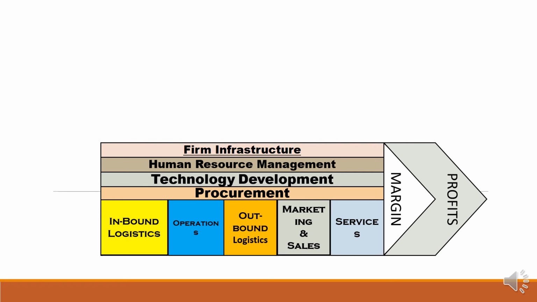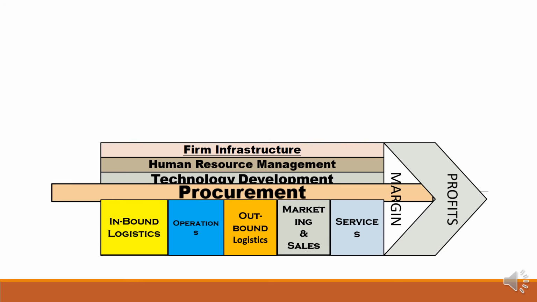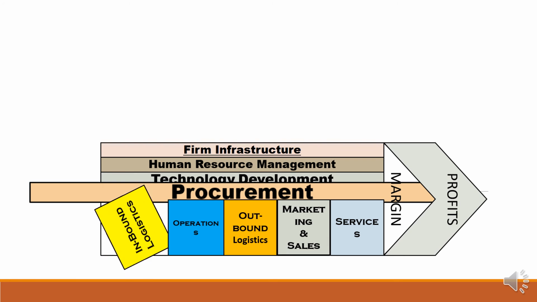Now, let us proceed to the primary activities. We have the inbound logistics. These are activities that are mainly concerned with bringing goods into the organization. We have the activities that take place as receiving.